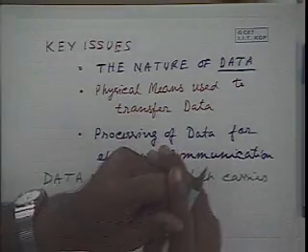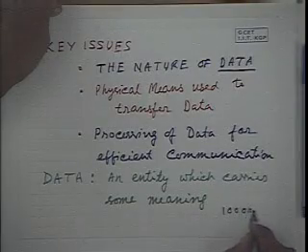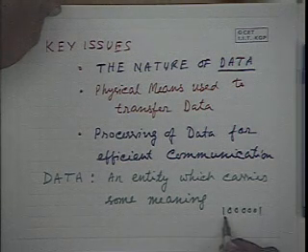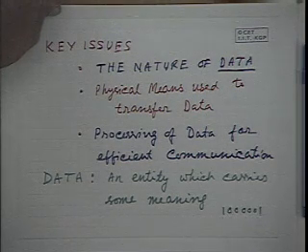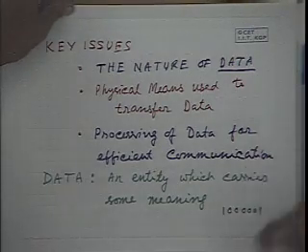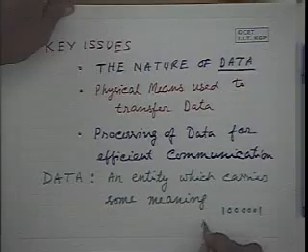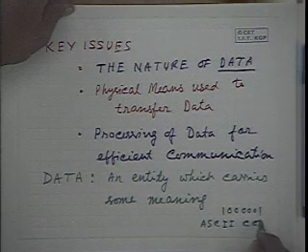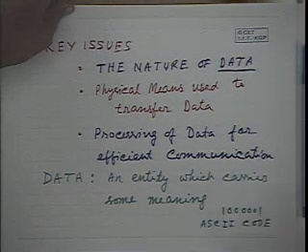Let us take up an example. Suppose you have a bit sequence like this 1 0 0 0 0 0 1. So this is a sequence of zeros and ones. As it is, it does not really convey any meaning, but when you say this is an ASCII code of a character, it conveys some meaning.